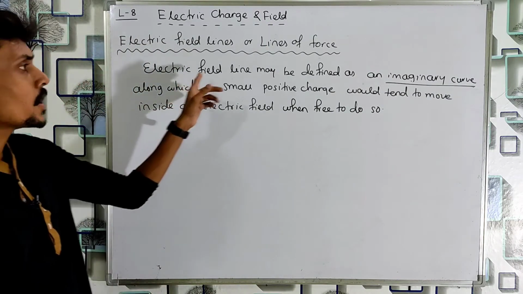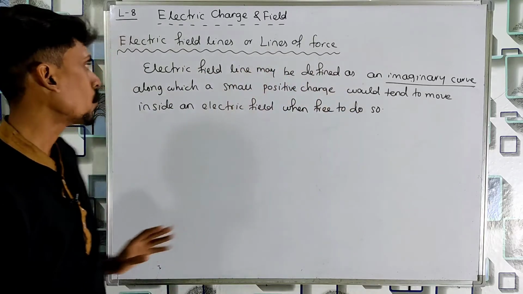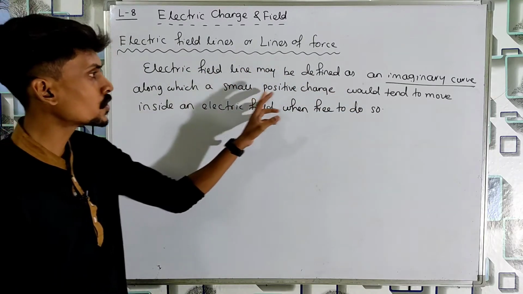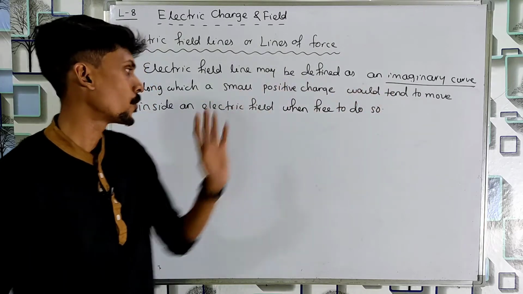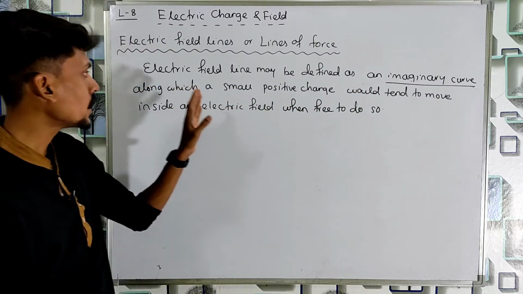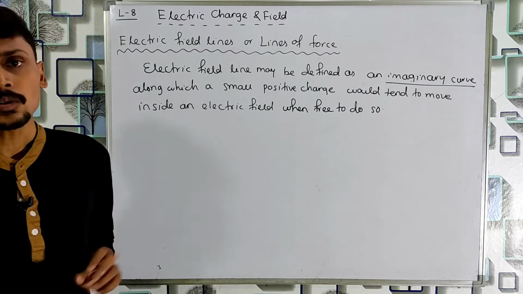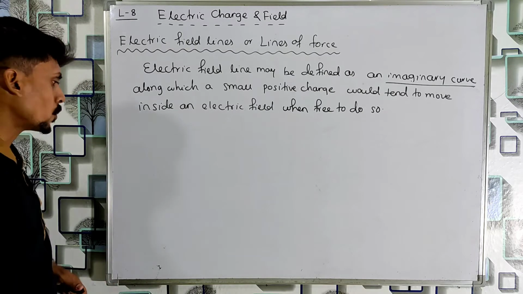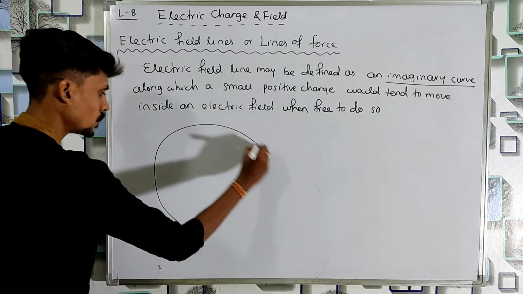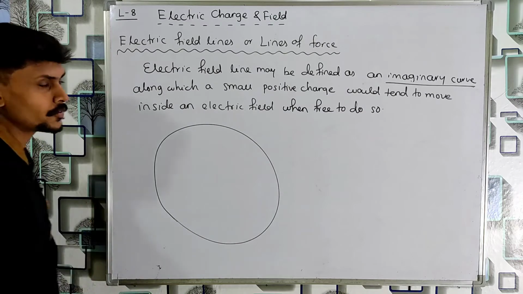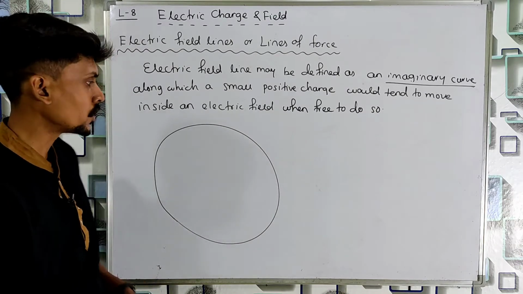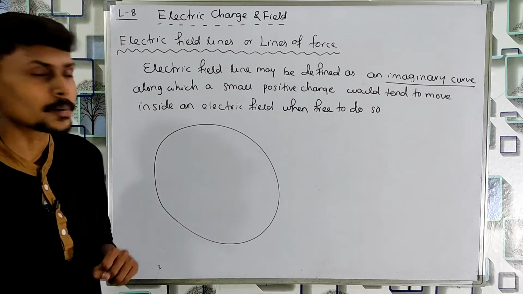Electric field line may be defined as an imaginary curve along which a small positive charge would tend to move inside an electric field when free to do so. Suppose in this region I have an electric field.